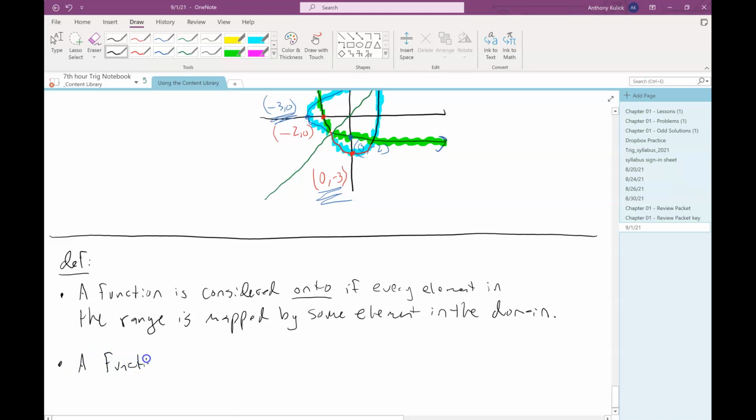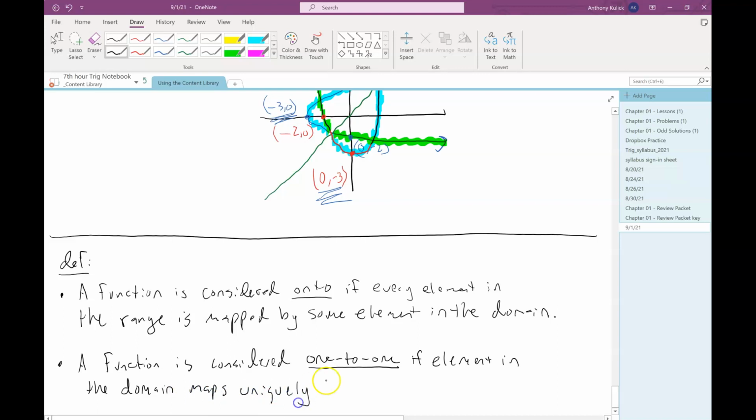We say a function is considered one-to-one if every element in the domain maps uniquely to a distinct element in the range.